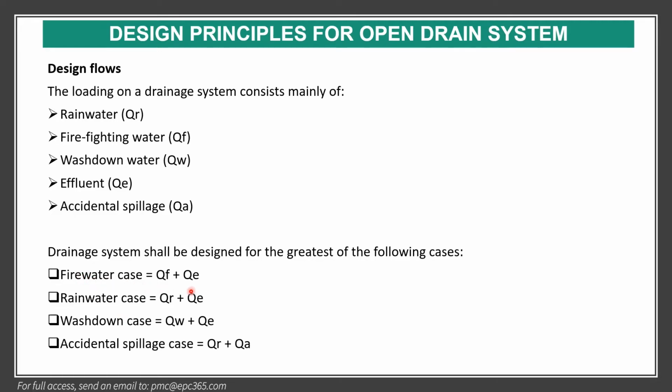We take whichever is greater, normally the firewater case, which is QF, firefighting water, and effluent is normally greater than the others. But also the rainwater case, washdown case, and accidental spillage case.